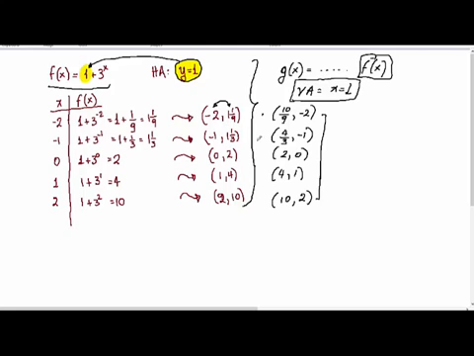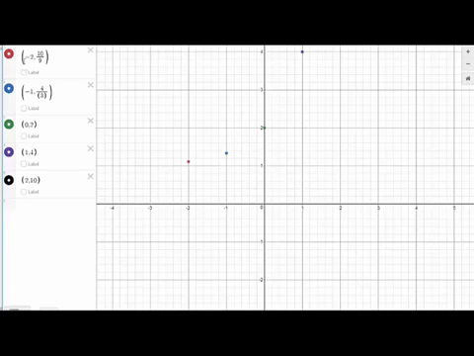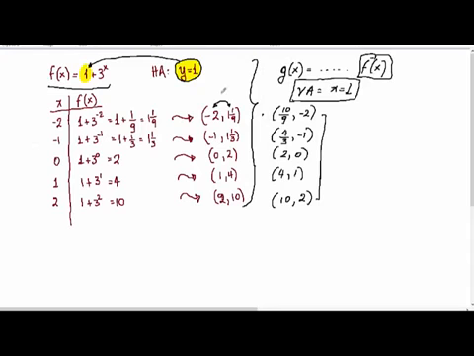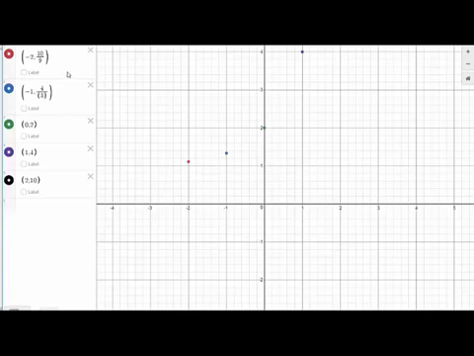So let's do both in Desmos first. I have the initial points that we showed together right here, the points that correspond to f of x. And what I get are the following points, the -2, 10/9, and so on. It is clear that if I connect those points, I'm going to get an exponential function. The curve is that of an exponential function.